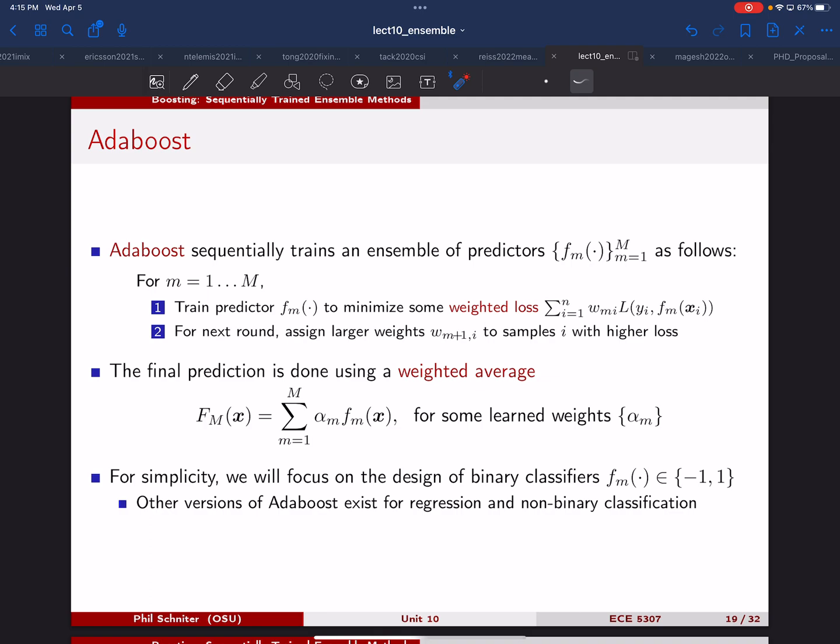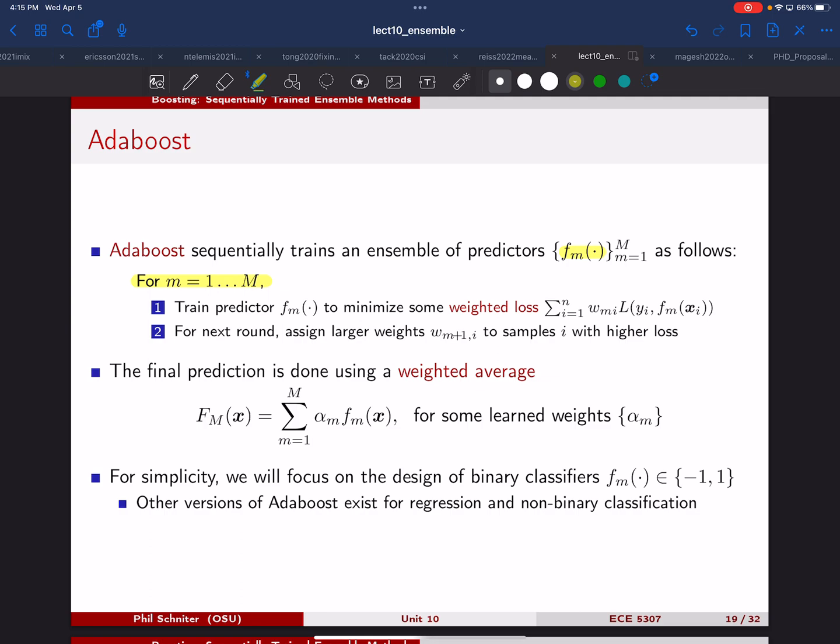So, some notation. We are going to design an ensemble of predictors, f_m. You can think of each of these f's as like a tree. Again, we do this sequentially, so you can imagine there's a for loop starting with m equals 1, the first tree, or sometimes we say the first stage in this boosted predictor.